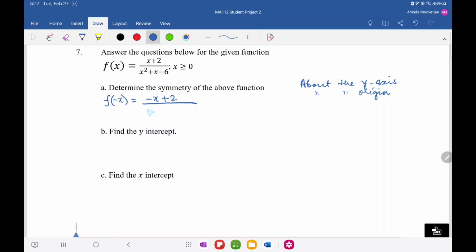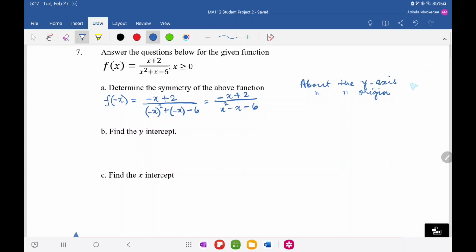In the denominator, we have negative x whole squared plus negative x minus 6, which gives us negative x plus 2 over x squared minus x minus 6 as the resulting function when we substitute negative x into the original function.